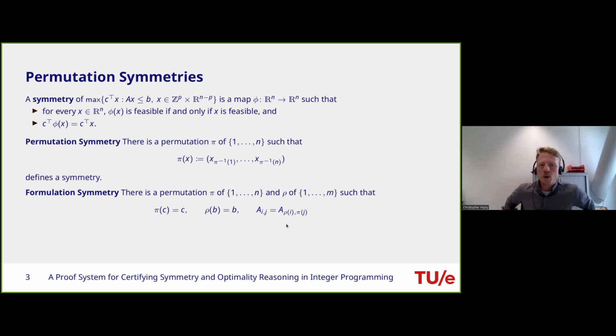And if I manipulate the variables and the rows according to pi and rho, then also the matrix A needs to remain invariant. This is something that I can use, for instance, in dominance-based strengthening in an automatic proof checker. I can verify that a permutation pi is a formulation symmetry by providing the permutation pi along with its row permutation rho, and use this in an automatic proof checker to see whether the proof that we've produced is actually correct.